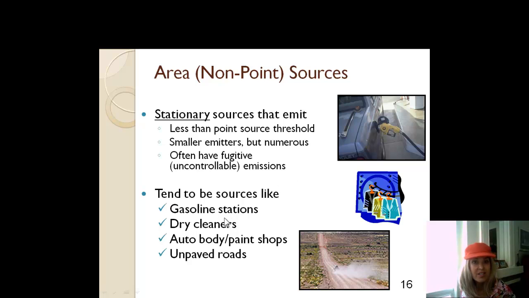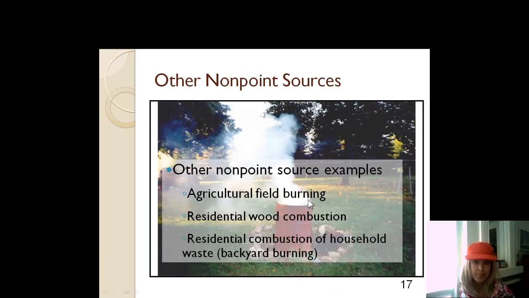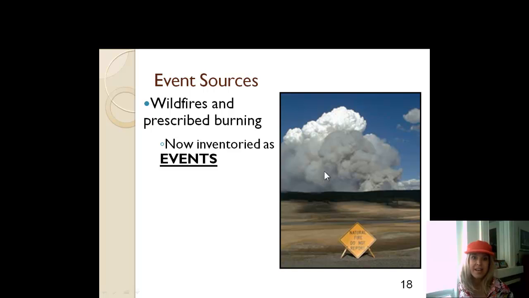So gas stations tend to be non-point sources, dry cleaners, auto body paint shops, unpaved roads. That's a big, very common example of a non-point source for PM. Agricultural field burning, residential wood stoves, and burn barrels are typical examples of non-point sources.